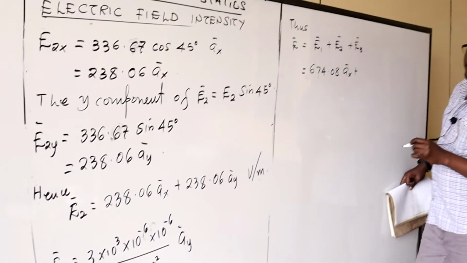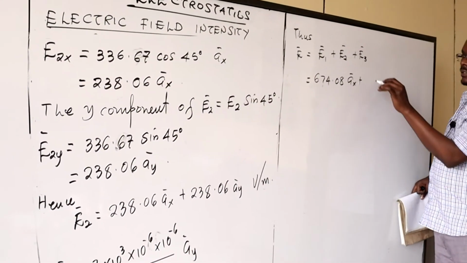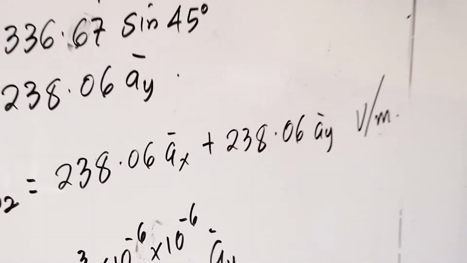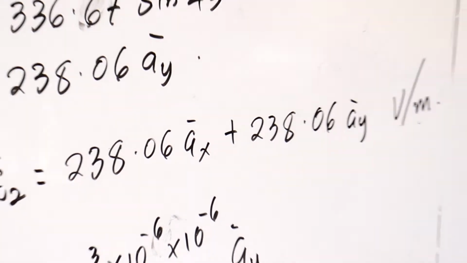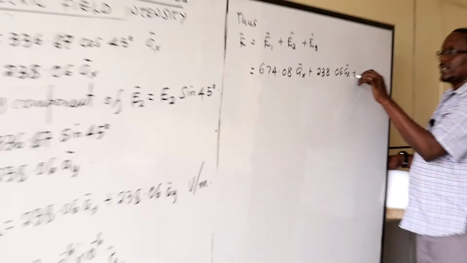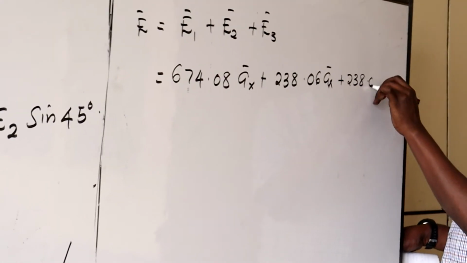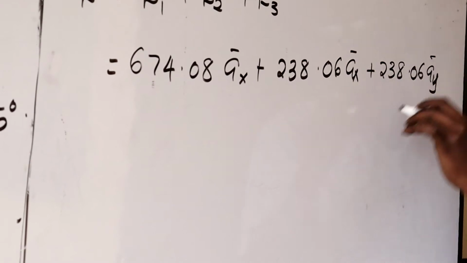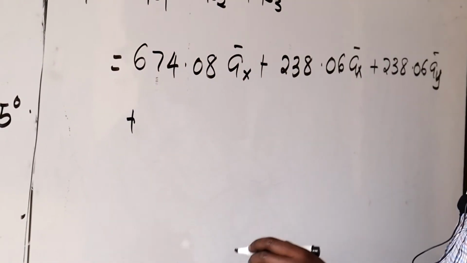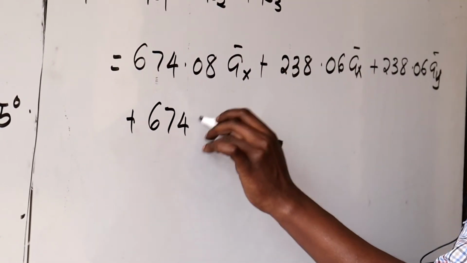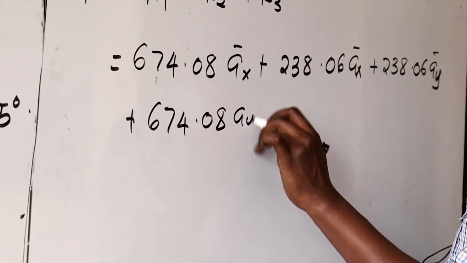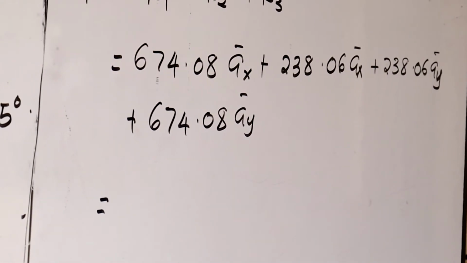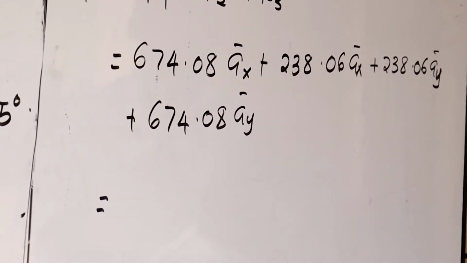Then my E2 must be 238.06 AX plus again 238.06 AY bar, then plus 674.08 of AY bar. Now when you add vectors, you must add the same unit vectors together.